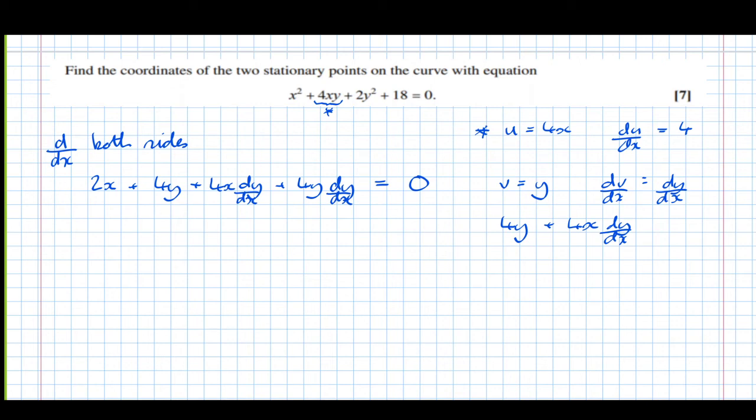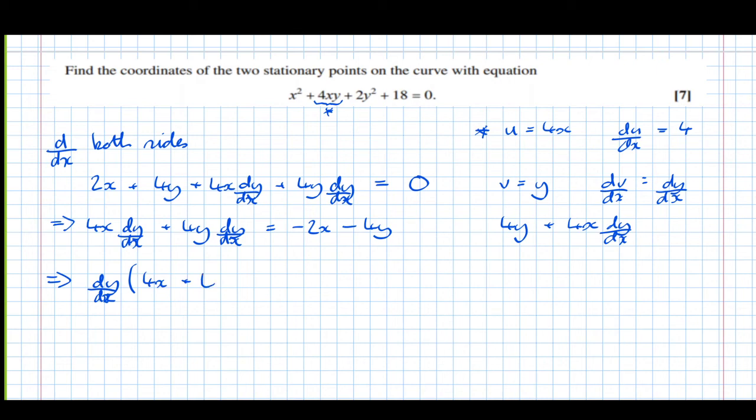So taking all the stuff over to the other side. Notice that if I times by a half over a half, it gets simpler.